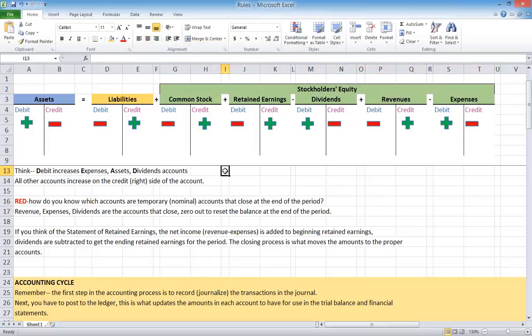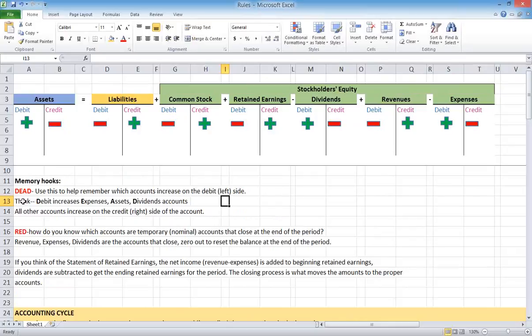A few little memory hooks that you can use to help remember this: I say think DEAD. Debit increases expenses, assets, and dividends. That's where the DEAD comes from.